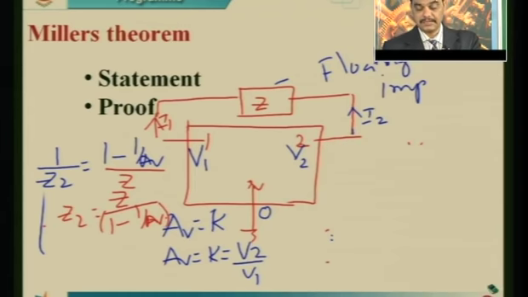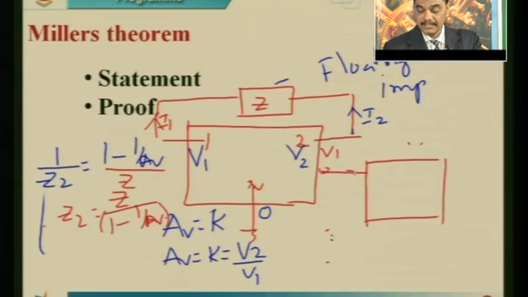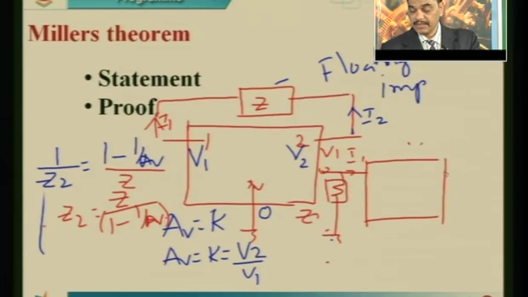This circuit is simplified as follows: if the voltage applied at this point is V1 and the current is I1, then the impedance Z1 connected between this point and ground is given by that expression, and similarly this is terminal V2 with Z2, also connected to the ground.